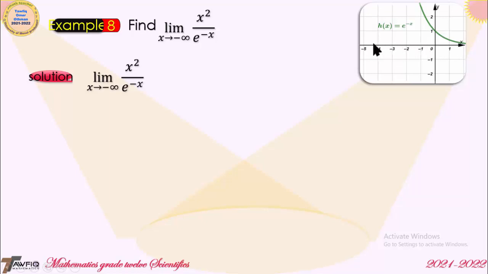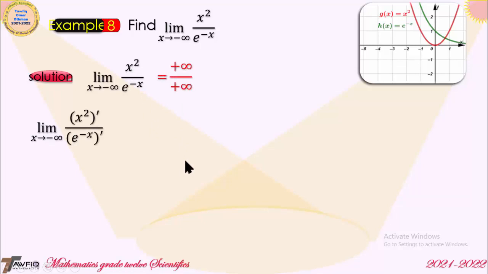negative infinity, on the left side, the function goes to the positive infinity. And when x goes to the negative infinity, x squared goes to the positive infinity too. That means this is positive infinity over positive infinity.